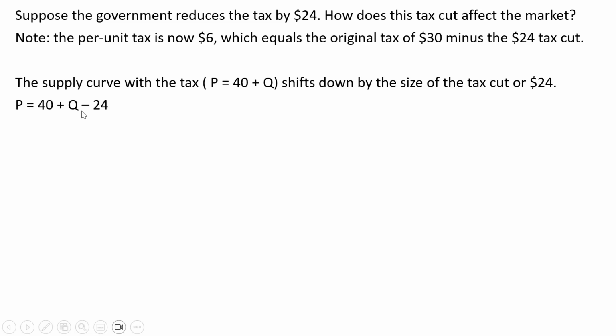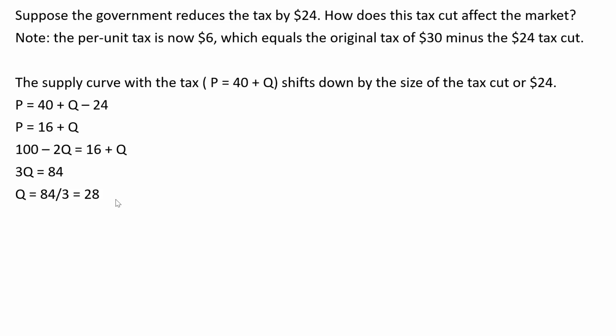So we take our supply curve, and now we're going to shift it down by the size of the tax cut, giving us our new supply curve here of 16 plus Q. Setting that 16 plus Q equal to our original demand curve, and now solving for Q, we're going to get Q equals 28. That is the equilibrium quantity, number of units bought and sold once the tax cut is instituted in the market.